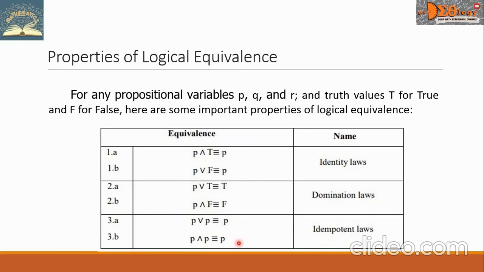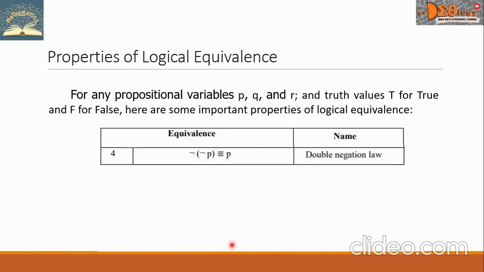We have two parts also. 3.a, P or P is logically equivalent to P. 3.b, P and P is logically equivalent to P. Number 4, double negation law. This is the negation of not P is logically equivalent to P.